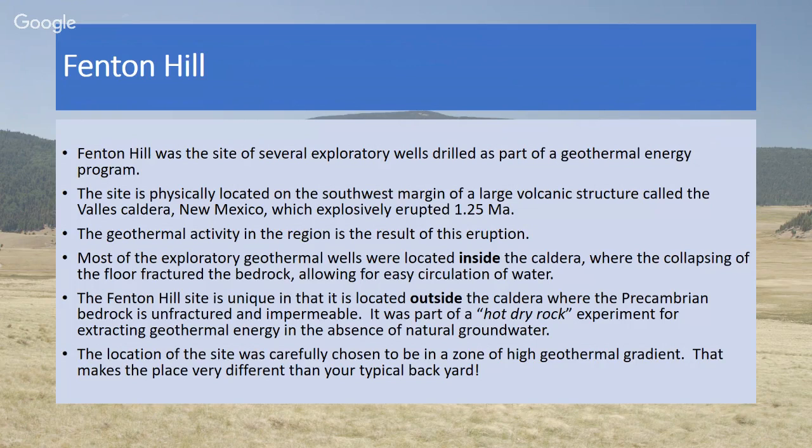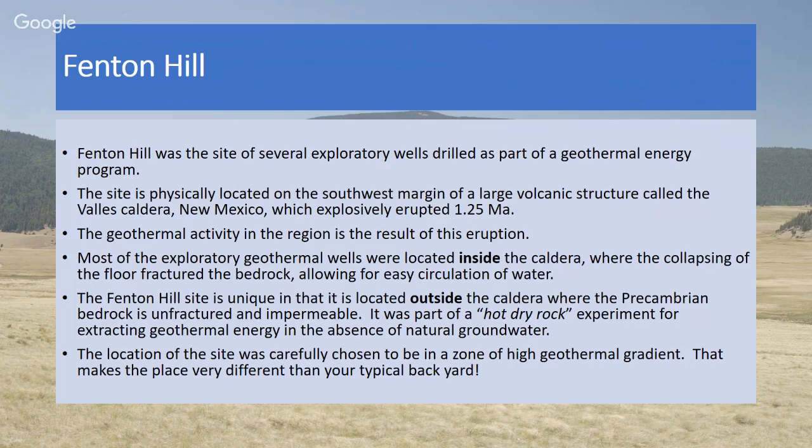So a very big eruption that pretty much destroyed whatever volcanic structure was there and left a big depression in the ground. So to this day, the area is very active geothermally, which is what attracted people's attention.